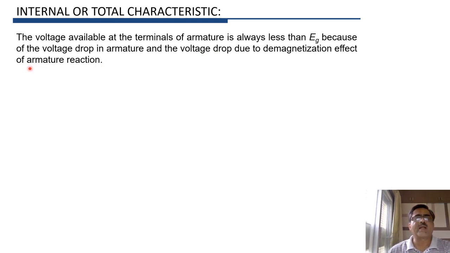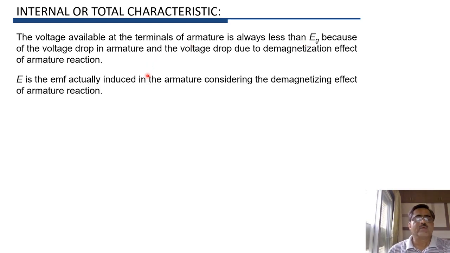We know that armature reaction is the effect of armature flux on main flux, and because of armature reaction there is demagnetization or reduction of main flux, and because of reduction of main flux there is reduction in the voltage across armature.